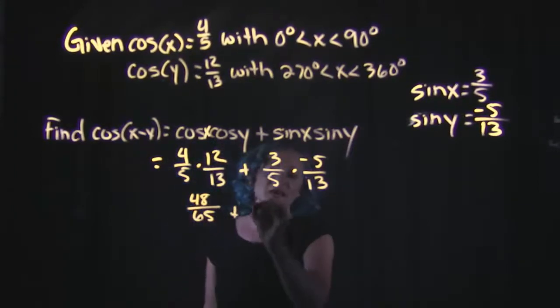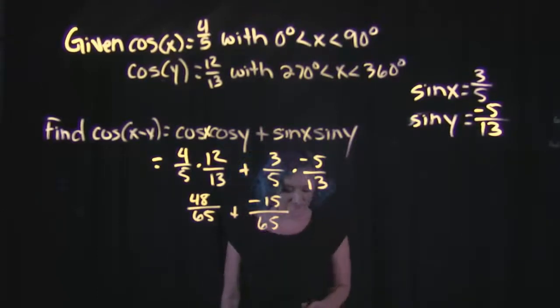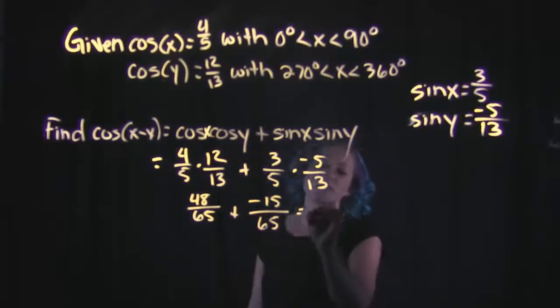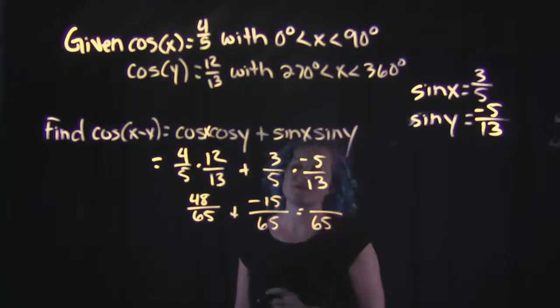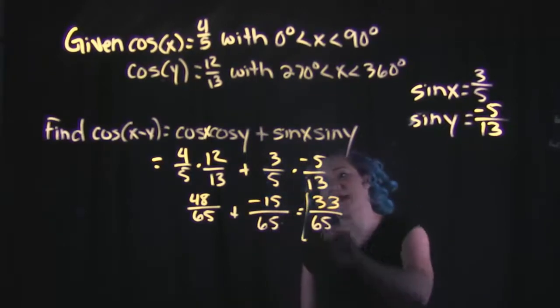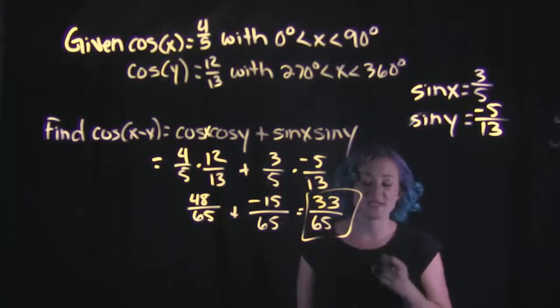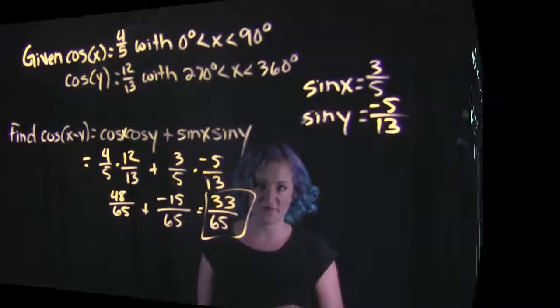Plus 3 times negative 5 is a negative 15, over 5 times 13 is 65. Add your two fractions together, keeping the common denominator of 65. 48 plus a negative 15 gives us 33. Check to see if the fraction can be simplified, but I believe this is it. That means cosine of x minus y is equal to 33 over 65.